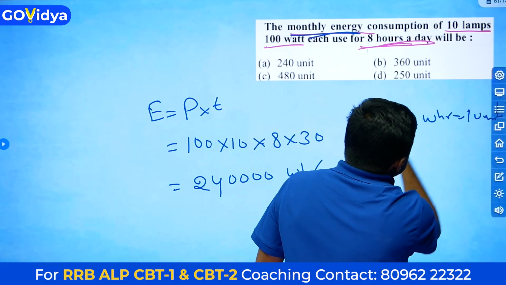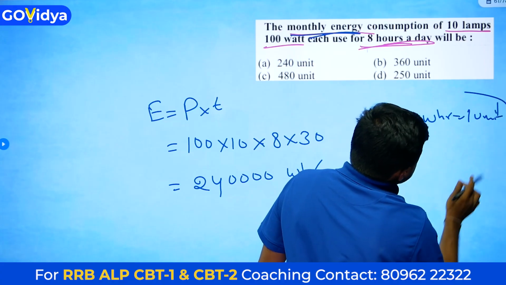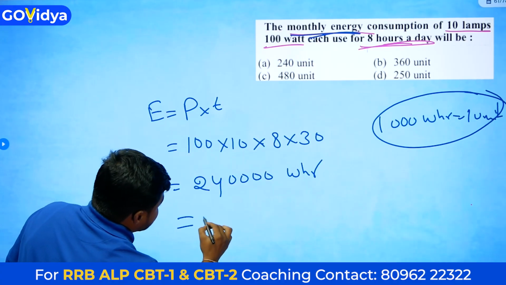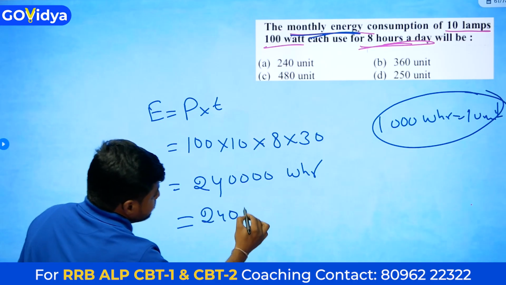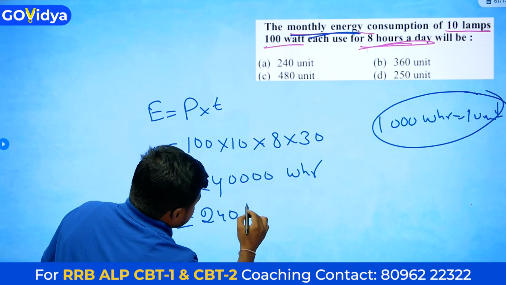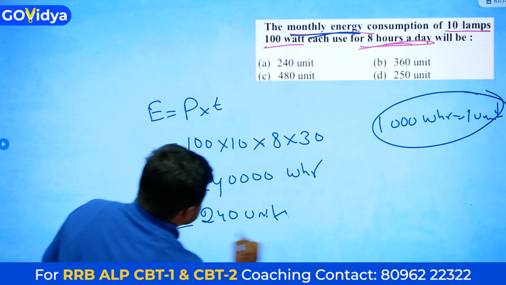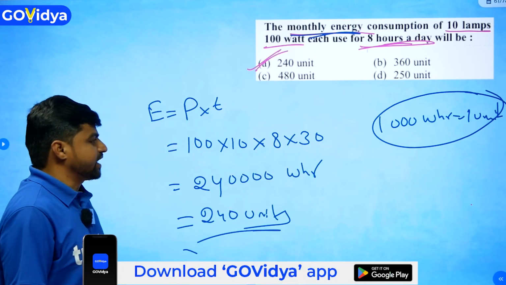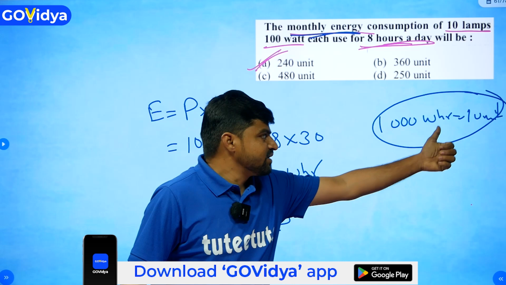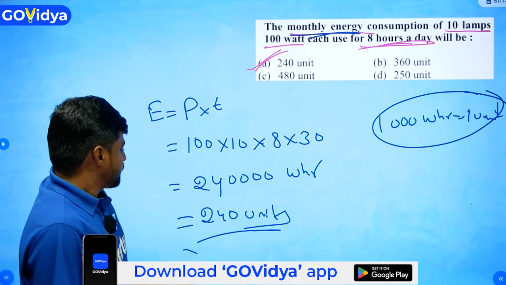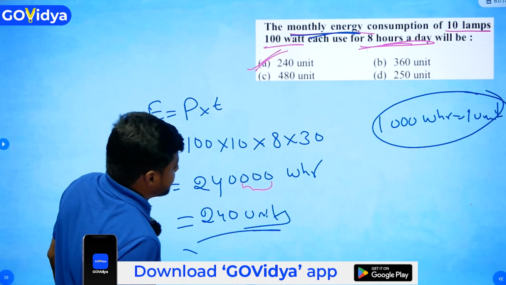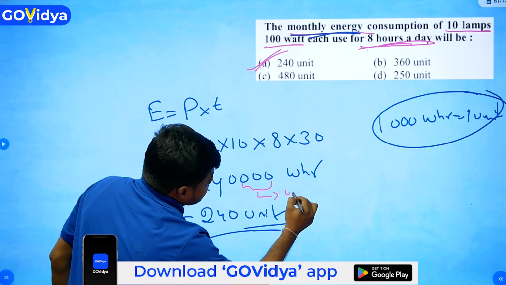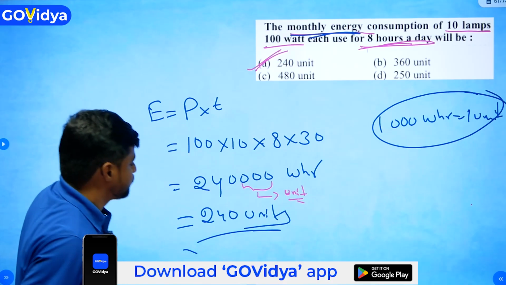Here we can also write 240 units. Energy is 240 units. From the options, option A is the correct answer.